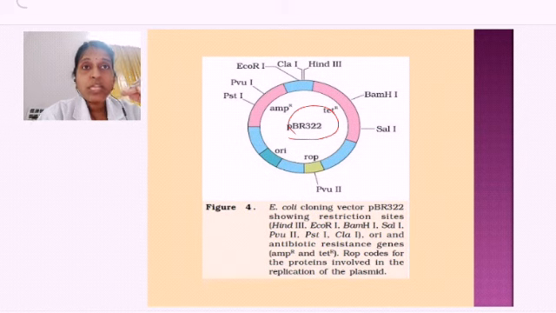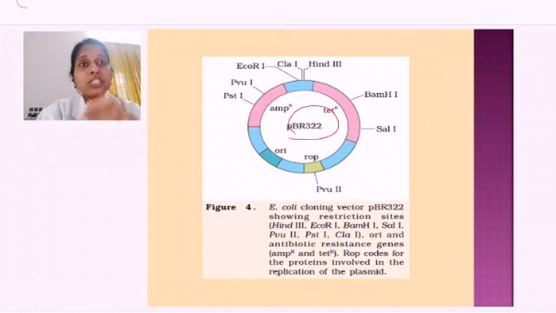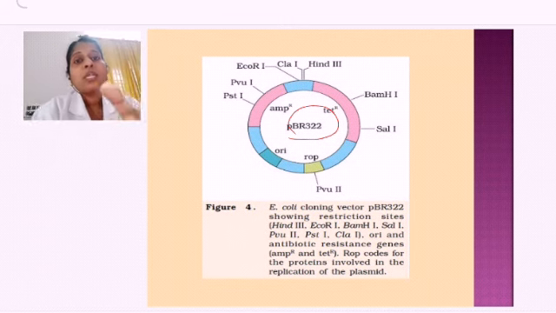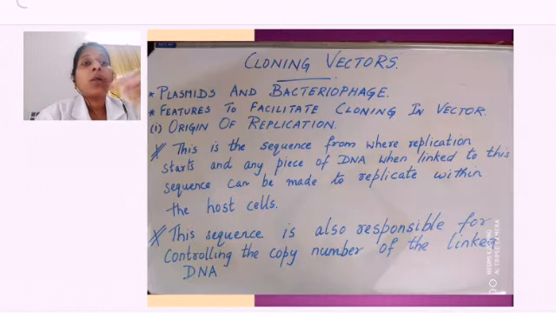So in special E. coli cells, you can find this PBR322 plasmid is present, and they are playing a role of a vector. Means it is carrying the gene of interest from one place to the host, right? Yeah, so that is the role of this PBR322.